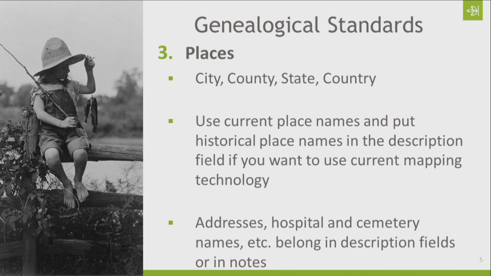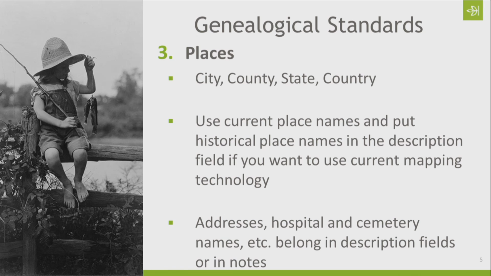And so I have in that location field for all of those children listed the current location today, which is the state of West Virginia. However, in the description field, I have listed that at one time it was the state of Virginia, and that it was this county at the time this child was born, and this county at the time this child was born. And that's important because then I know where to go to look for records.